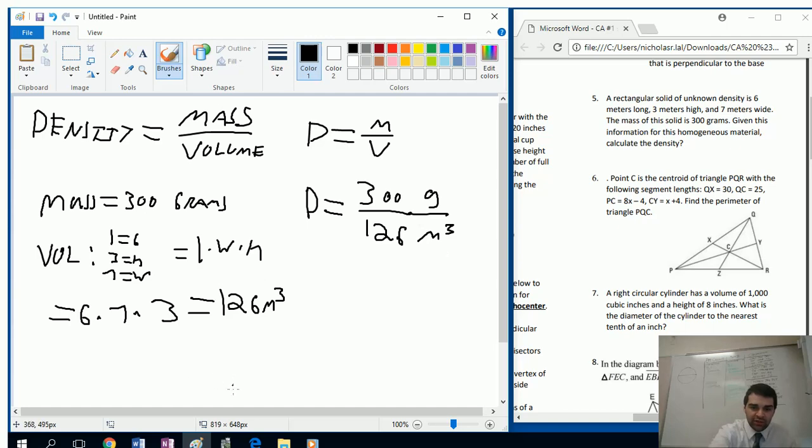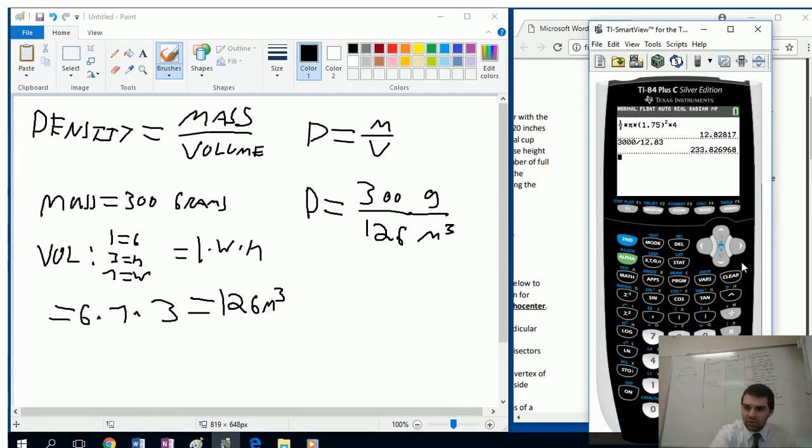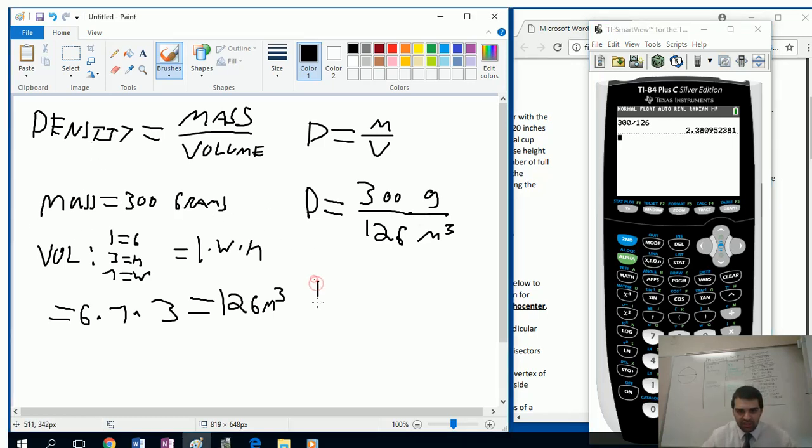Get out our calculator. 300 divided by 126 is going to give us a density of 2.38 grams per meters cubed. We can round to the hundredths place, that is acceptable. So our density is going to equal 2.38 grams per meters cubed. Alrighty then, that is the answer to number 5.